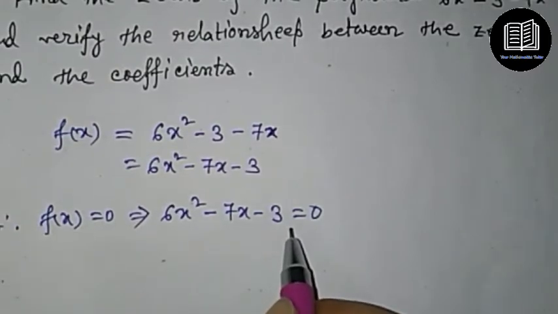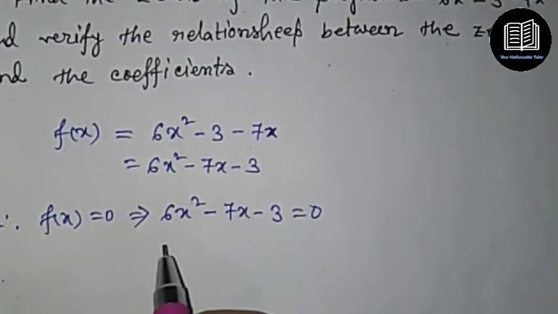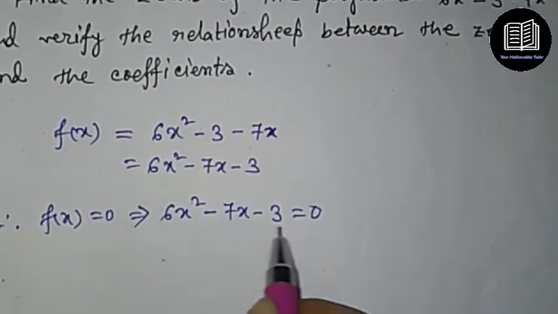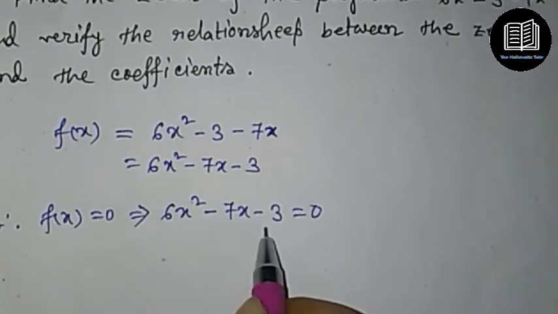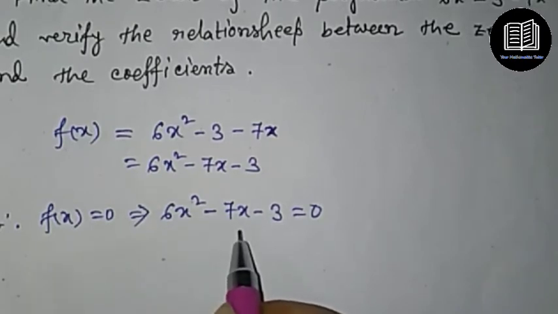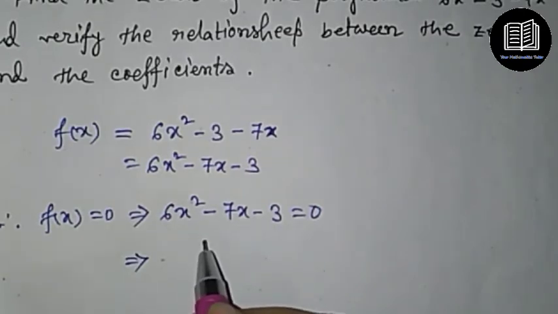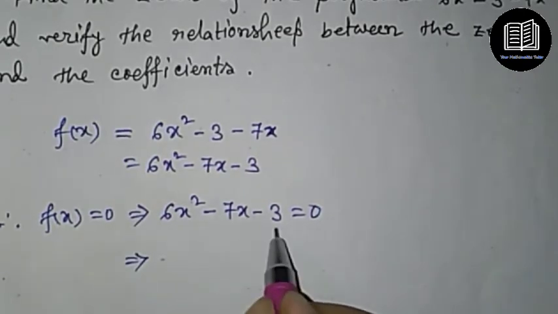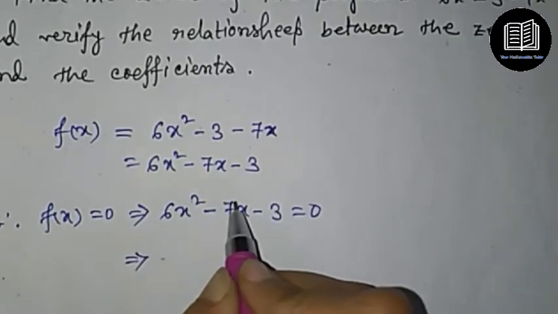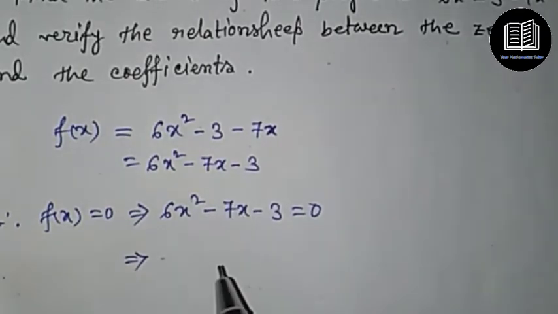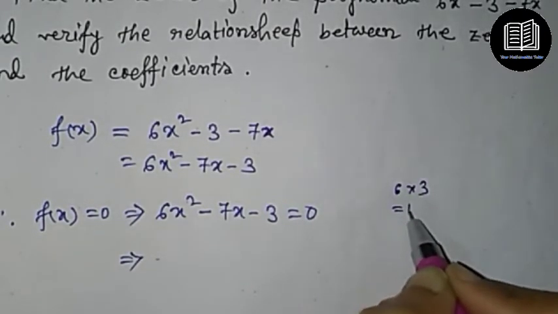Now to find the value of x, first we have to factorize this, right? If we factorize this polynomial, we can find the value of x. So see, it is a quadratic polynomial. To factorize this, we have to find two integers whose sum is 7 and product is 6 into 3, that is 18.